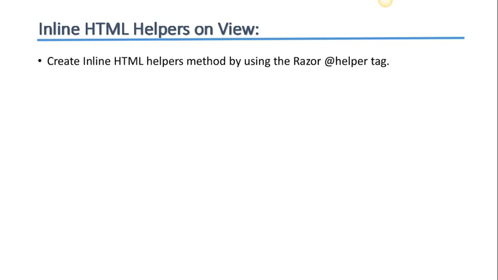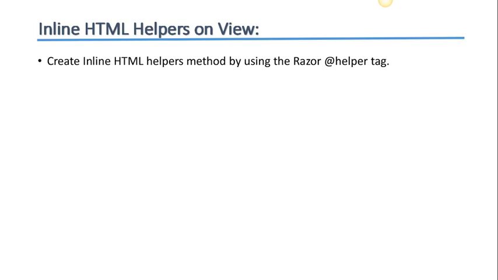First is inline HTML helpers on a view. Create the inline HTML helper method by using the Razor @helper tag. The name inline itself says that we can use the HTML helper within the same view.